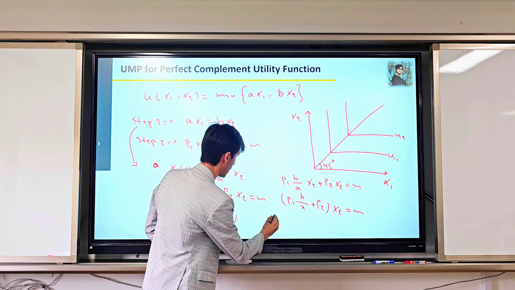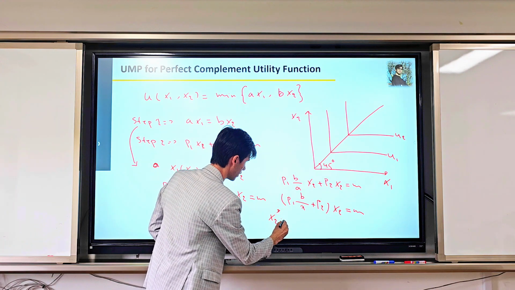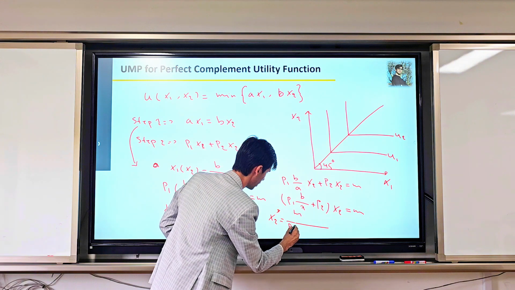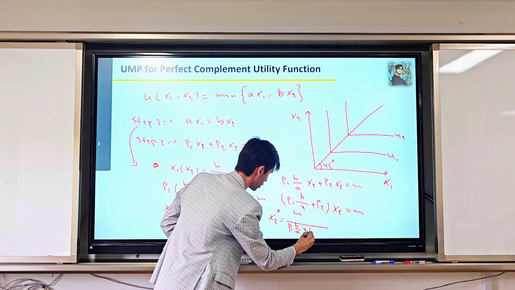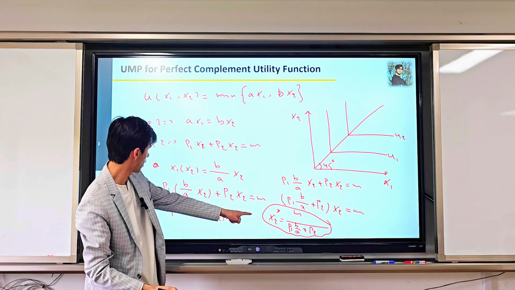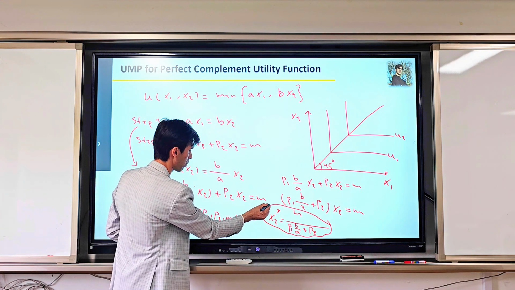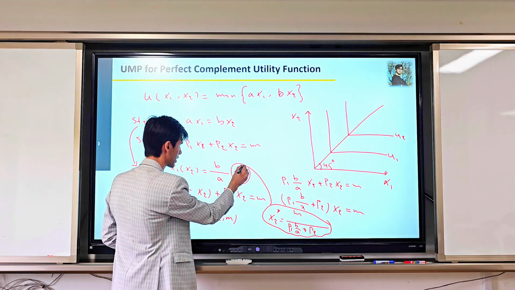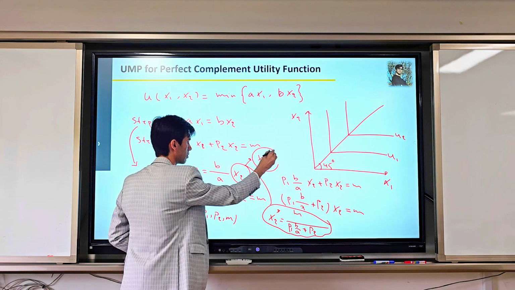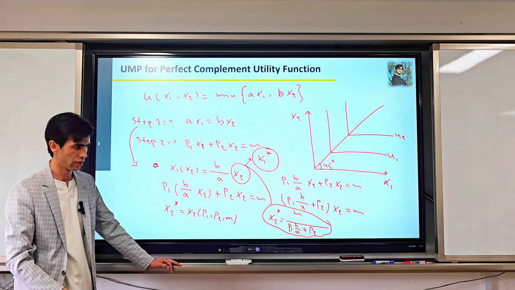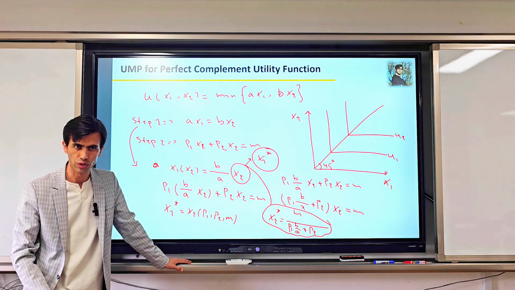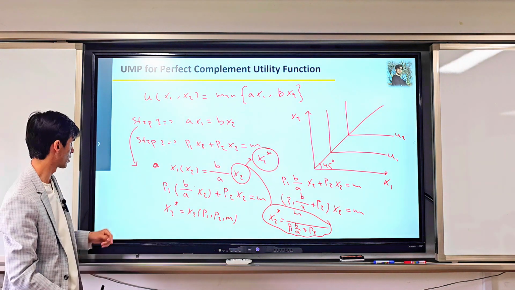Finally, x2 is equal to m divided by p1 b over a plus p2. So this is the value of x2. When we find the value of x2, we plug it into the equation for x1, and then we find x1 star. So by using these steps, we can maximize the utility function when we have a perfect complement.